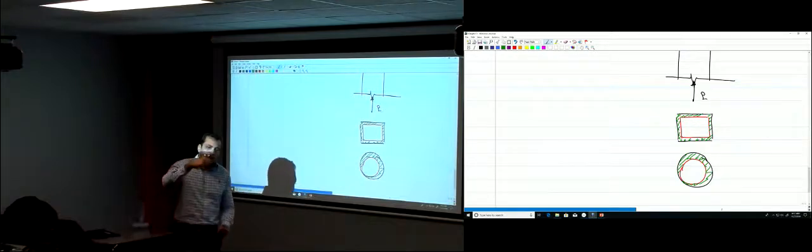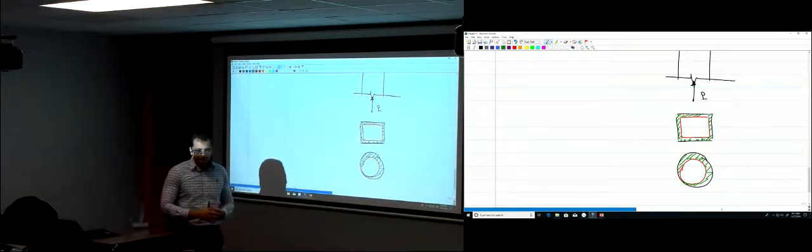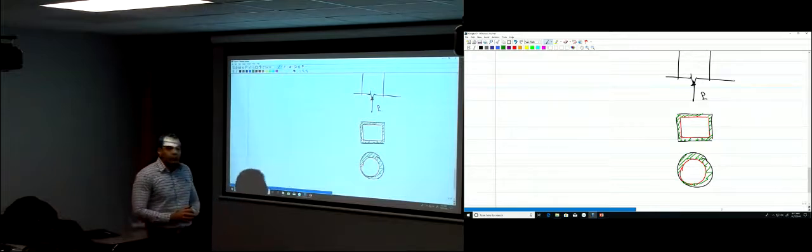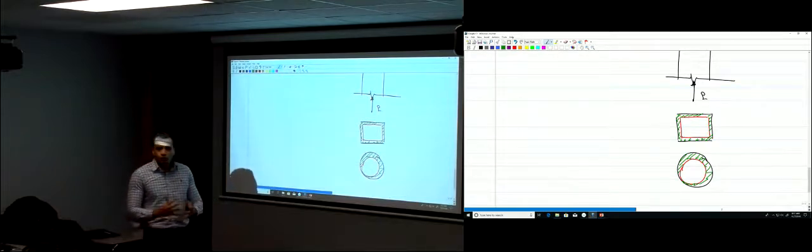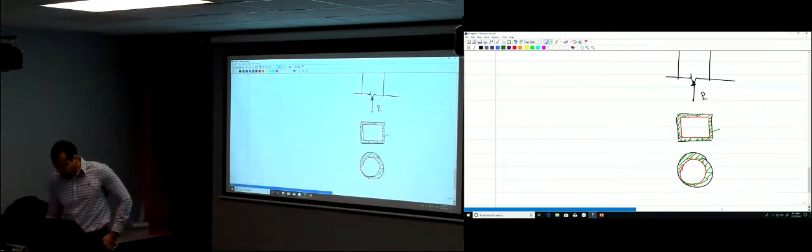So when you apply normal force and you keep increasing that normal force until you reach some maximum value, what will happen is that the cover will collapse first, right? You're going to have that cover get cracked and fall off first.